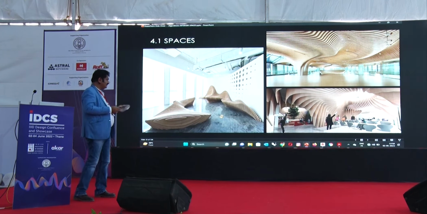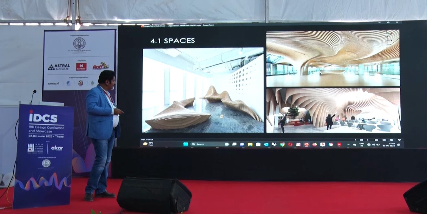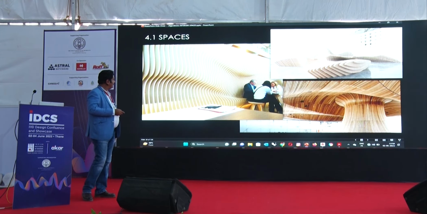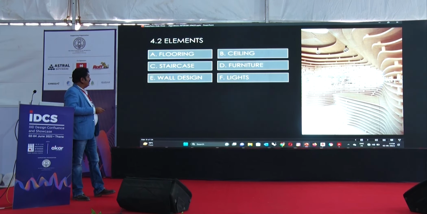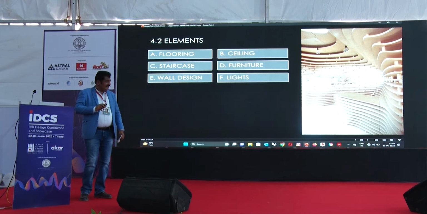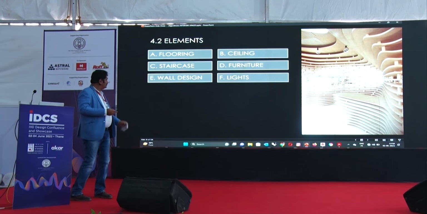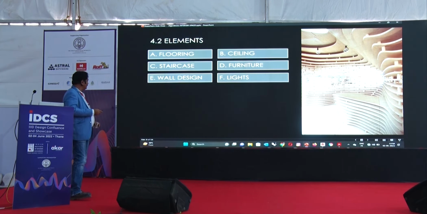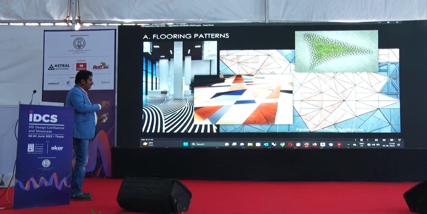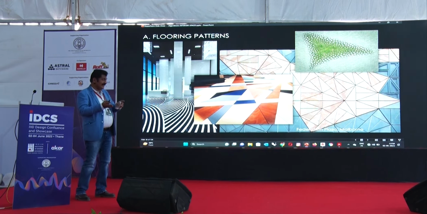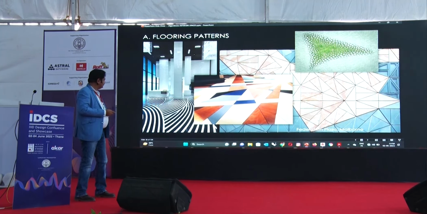Lobbies, lounges, sitting. There are different elements you can use in interior design. So flooring, ceiling, staircase, furniture, lights. These few elements are taken from actual sites or from the internet.